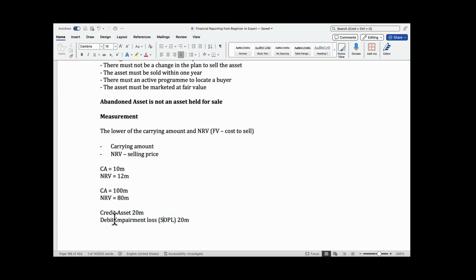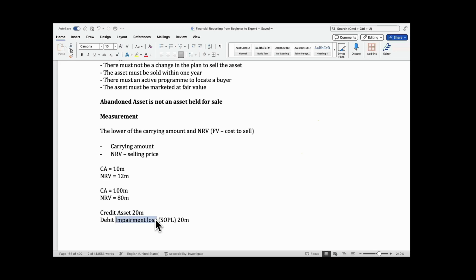If you remember what I taught you in IAS 36, why are we calling this an impairment loss? Because an impairment loss is more of the lower between carrying amount and recoverable amount. So how is impairment loss now the lower of carrying amount and net realizable value? How is impairment now the difference?